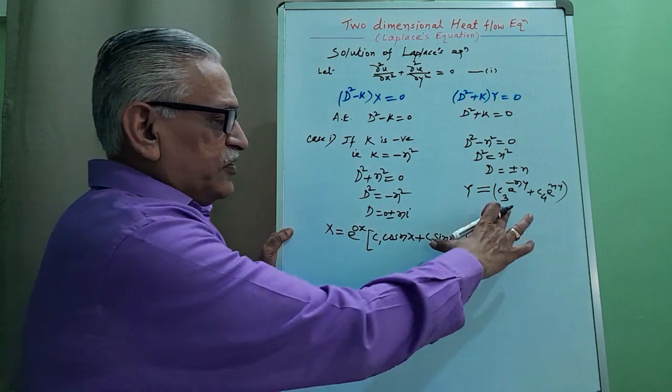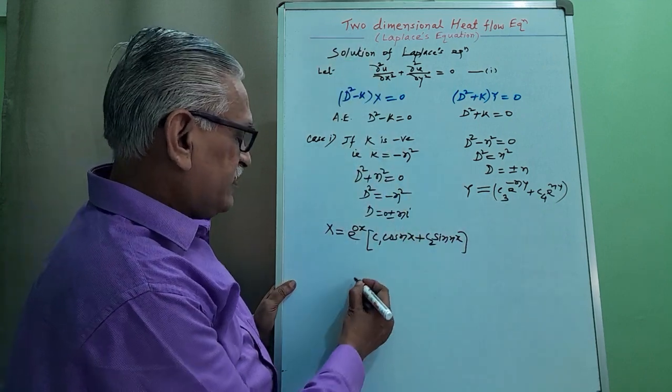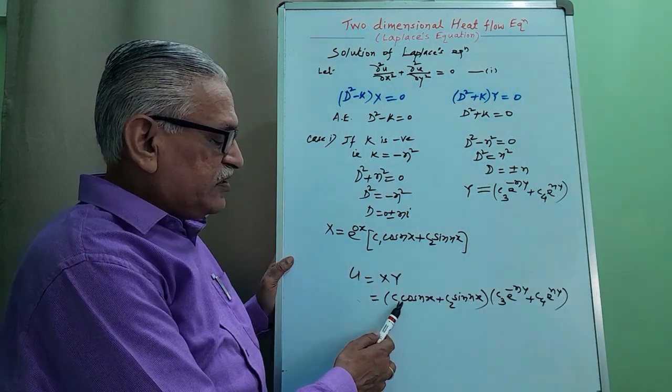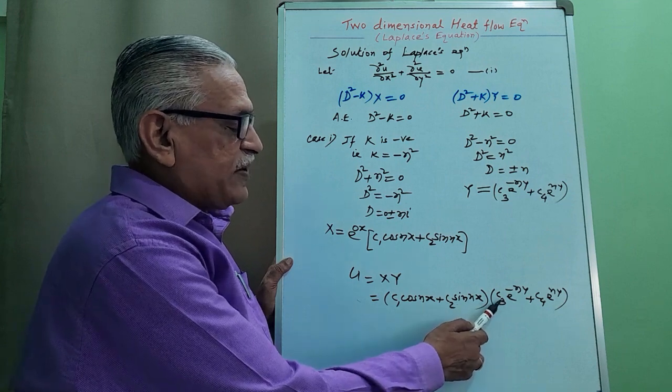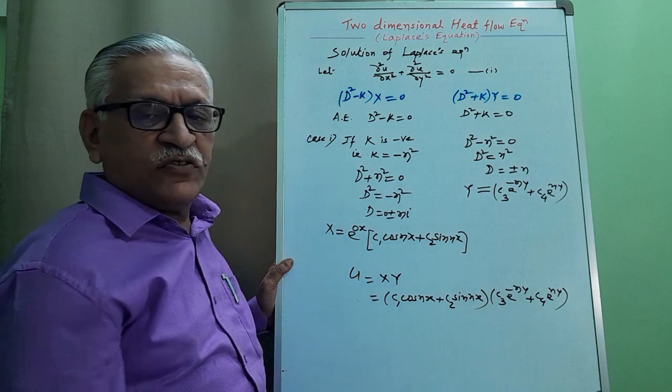And therefore, substituting these two values in that equation 2, we get u equals capital X, meaning C1 cos nx plus C2 sin of nx, and capital Y is C3 e raised to minus ny plus C4 e raised to ny.